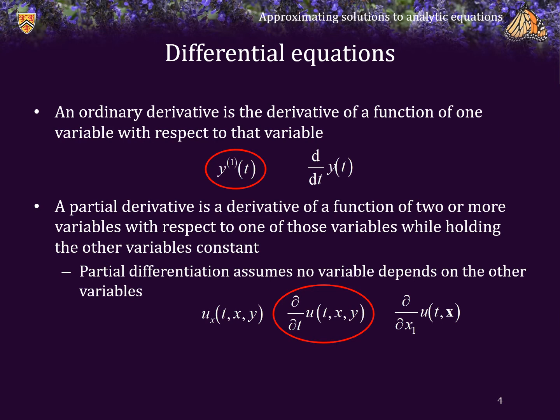Here we have a function of 2, 3, or 4 variables where the second variable is actually a vector. So it could be a vector that is one-dimensional, two-dimensional, or three-dimensional. And in this case, we are taking a partial derivative of that function with respect to the first variable of the vector.